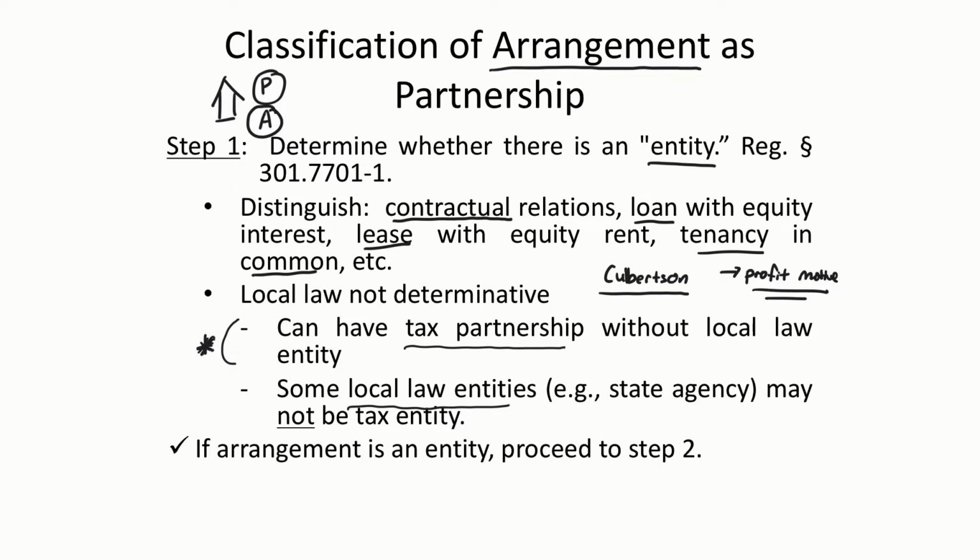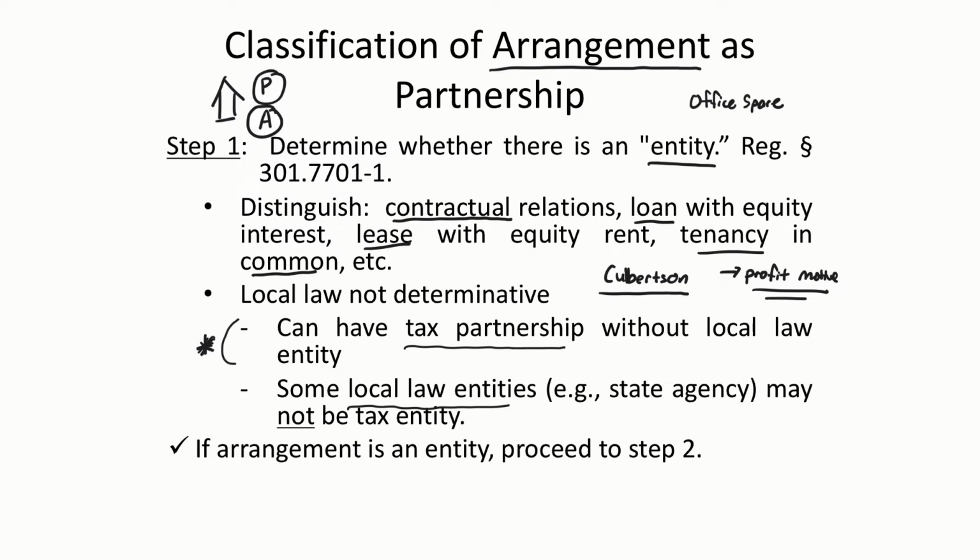But the idea is that if two accountants, let's say, get together and they split some office space, accountant A uses the office space Monday, Tuesday, Wednesday. Accountant B uses the office space Thursday, Friday during the week.